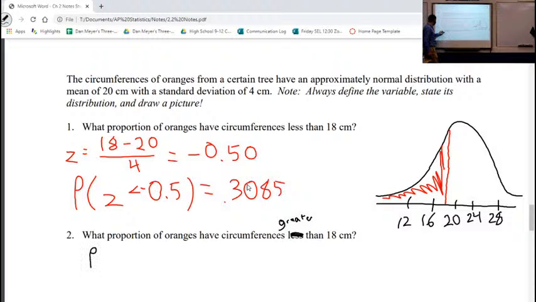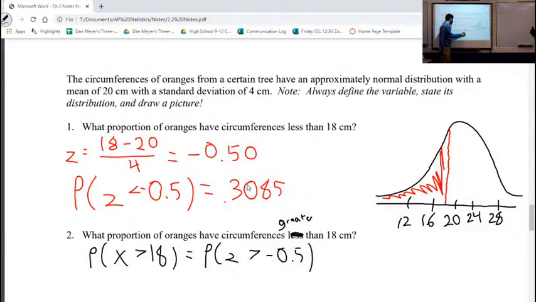So this time we want the probability that our oranges are greater than 18, which is the probability that z is greater than negative 0.5. It's going to be the exact same z-score with the exact same formula, value minus mean over standard deviation, but this time we want everything greater than it. So instead of shading to the left, we would shade everything to the right instead.